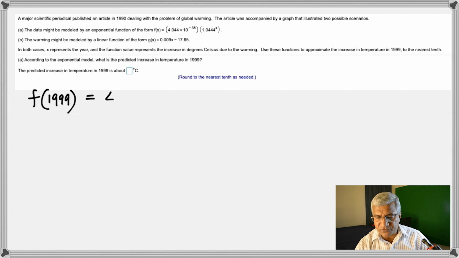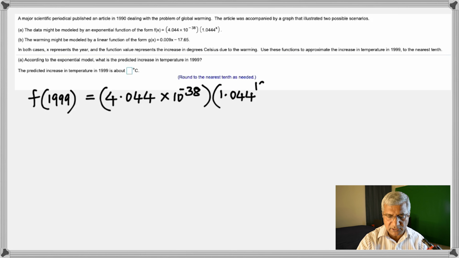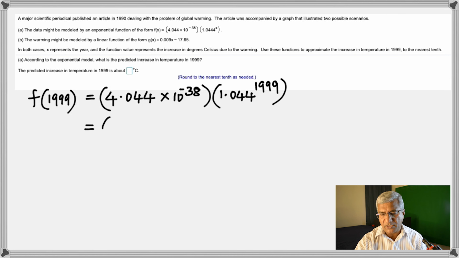Now, in place of t, I'm substituting 1999. So 1.044 raised to 1999. In the function, it was f(t) is equal to this big number 1.044 raised to t. So wherever I have t, we have substituted 1999 and then do the calculation.